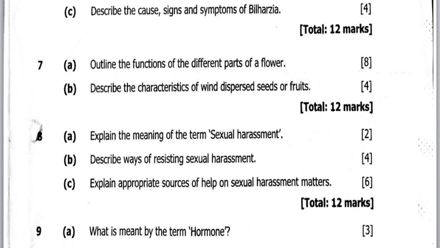The anthers produce and store pollen grains. You can look at the stigma. The stigma receives pollen grains. You can look at the style. The style holds the stigma. You look at the ovary. The ovary produces and contains ovules. You look at the ovules. The ovules are the place of fertilization. So you mention at least 8 parts and you state their function.